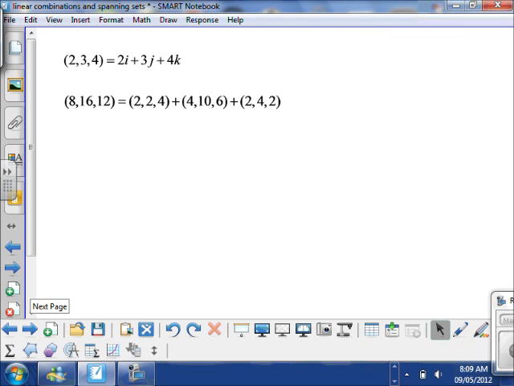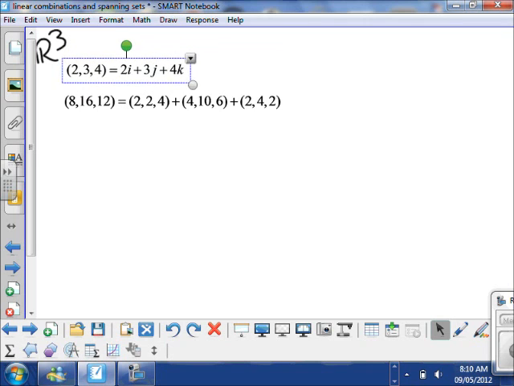Okay, let's expand our discussion to R cubed. Let's go 3D and see if we can have the same kind of discussion. Can I talk about linear combinations in R cubed? Sure I can.